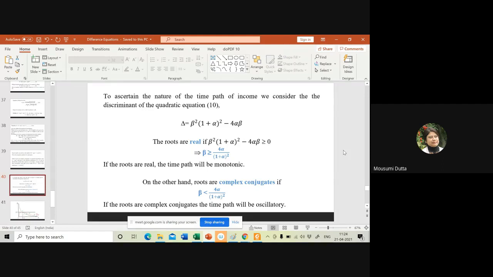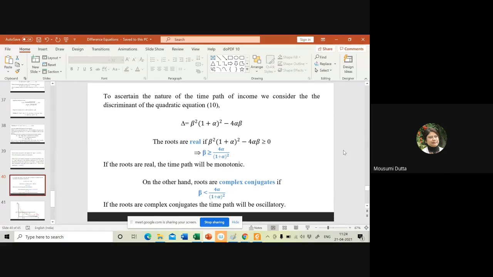Okay, because last day, while I discussed the stability condition, I mentioned only the distinct real root case. However, I didn't mention anything about the context when the roots are complex conjugates.